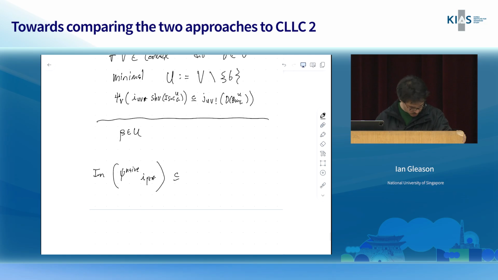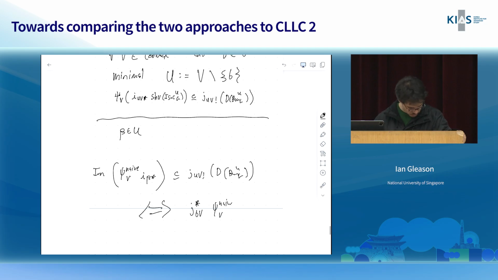This is contained in j_UB shriek of D1 G U if and only if j_BB upper star of pitch naive B, i beta lower star is equal to 0.